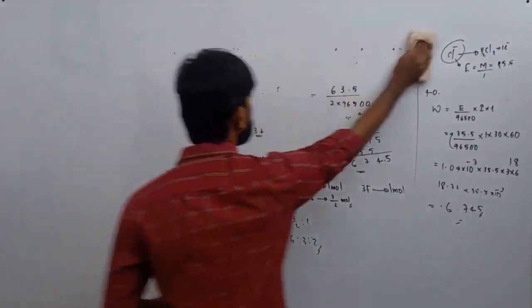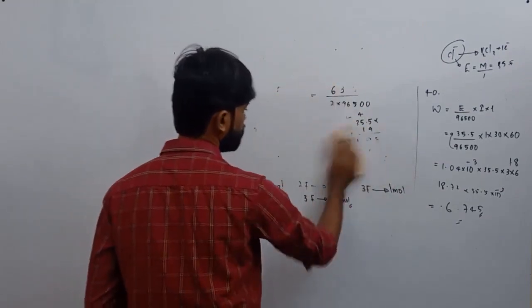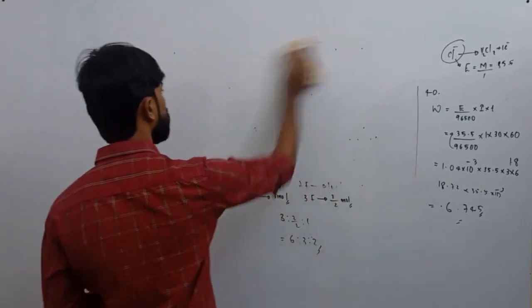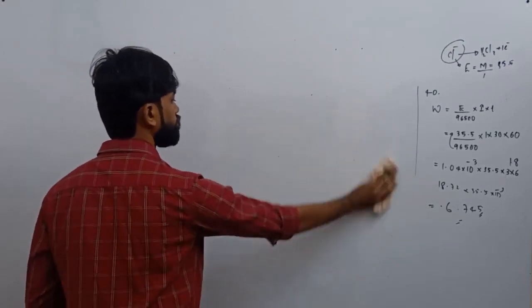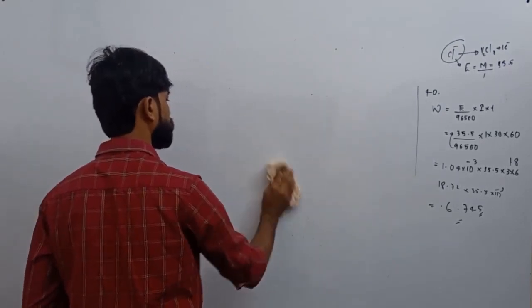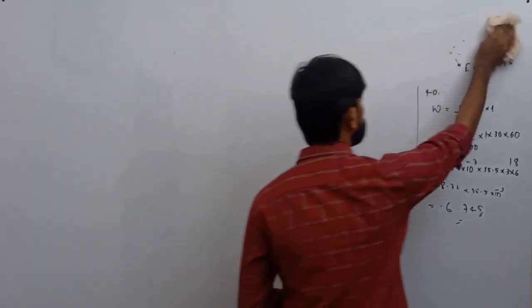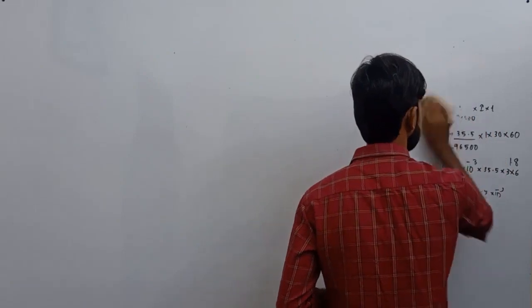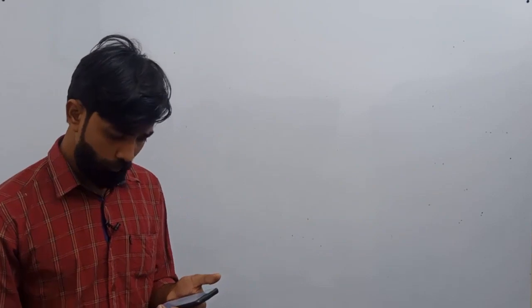Move to the next question, question number 42. In question number 42, a current of 9.65 amps is passed for 10 minutes and the deposited weight is 3 gram.